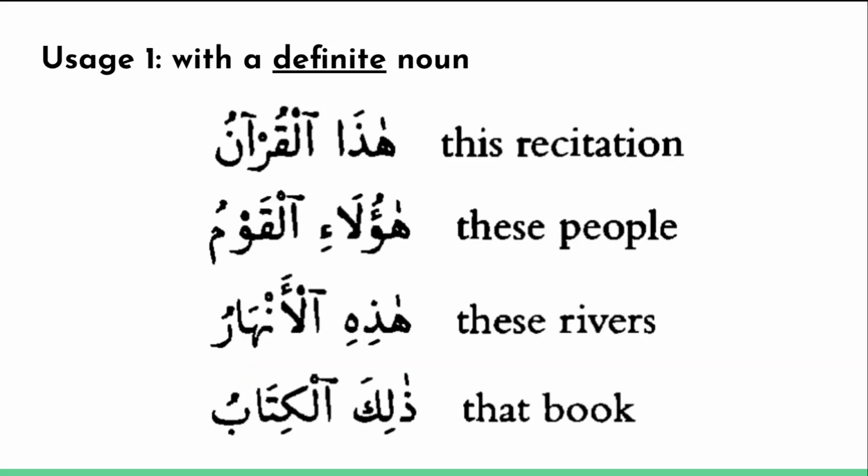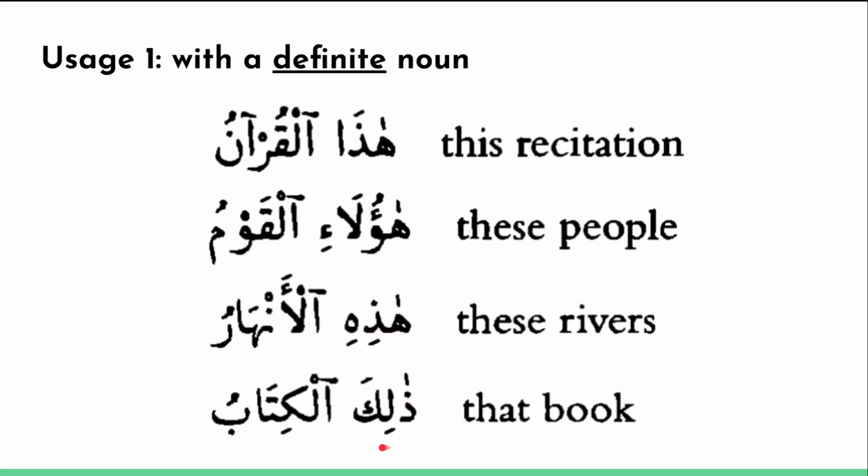We said that plural words, particularly broken plural words, follow the grammatical rules of singular feminine. So whenever you apply an adjective or a demonstrative word, you should treat it as if it was a singular feminine word. That's why we have هذه الأنهار.